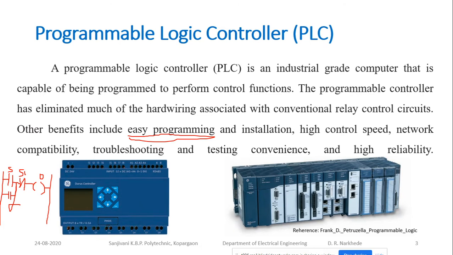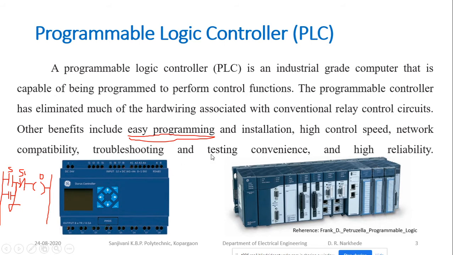When the input is available, the LED will glow. If the input is not available, the LED will not glow. So I can easily understand that if the LED is glowing, my input is available, and if I am not getting the output, there is some problem with the output devices, or if I am not getting the input, the input sensor is not working properly. So troubleshooting is very easy in case of the PLC.